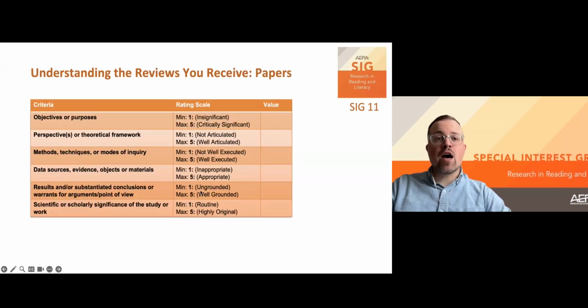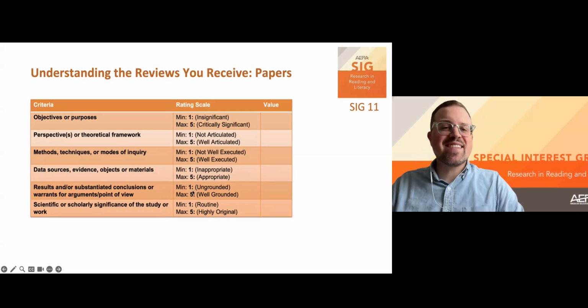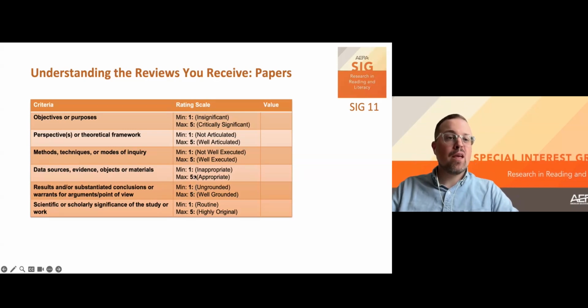This is the rubric that will be used to review paper sessions that are submitted. You'll recall from part 4 of this video series that paper submissions are reviewed on 6 criteria. The first criterion for review is the objectives or purposes of the paper.